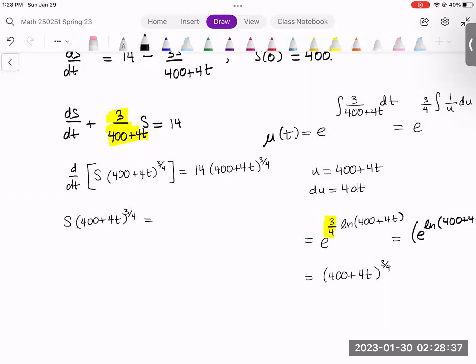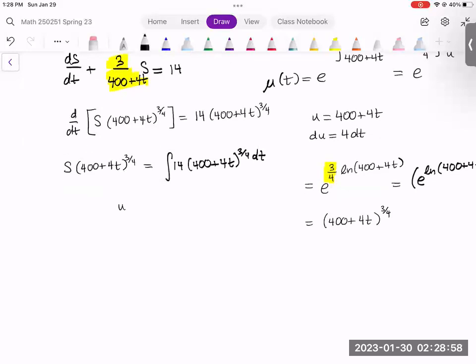The right side integral, again, we can use just a little u substitution to do this. Let's write it out. So we're integrating 14 times (400 plus 4t) to the 3/4. Our u is going to be 400 plus 4t. du is 4 dt.